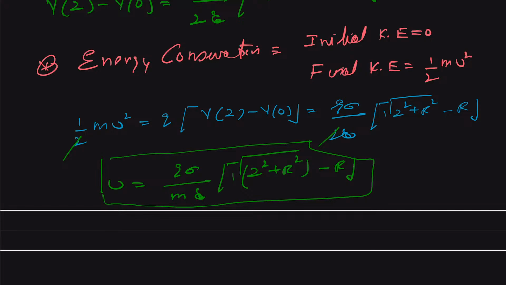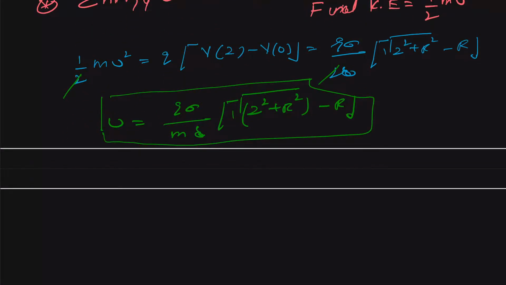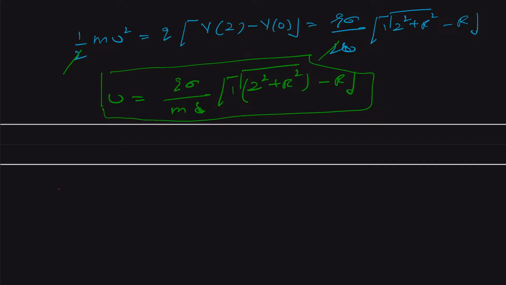And it is also asked what happens to the velocity whenever z is very much larger than r. So under this condition we can assume that the square root of z square plus r square is approximately equal to z.